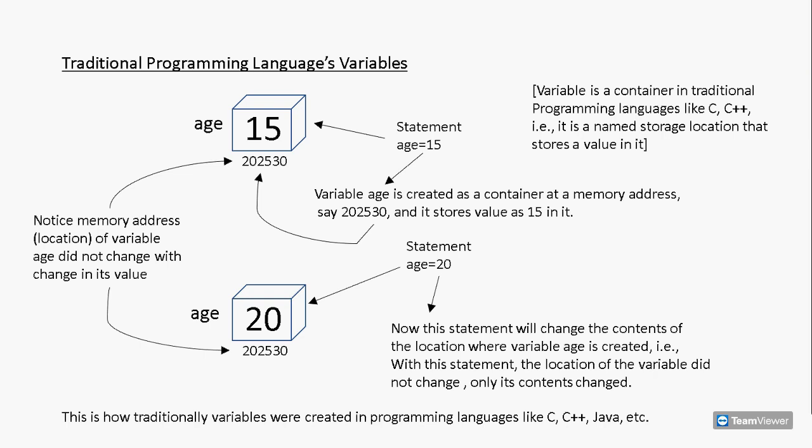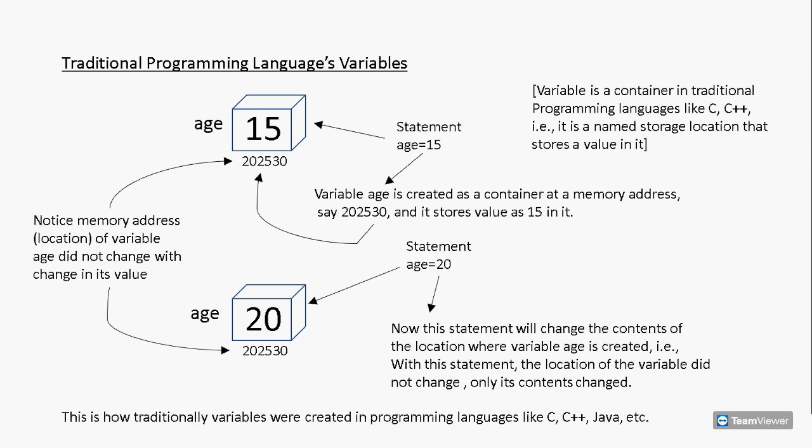Then the statement age = 20 gets executed. Now, this statement will change the contents of the location where the variable age is created. That is, with this statement, the location of the variable did not change, only its contents changed. Notice the memory address of variable age did not change with the change in its value.